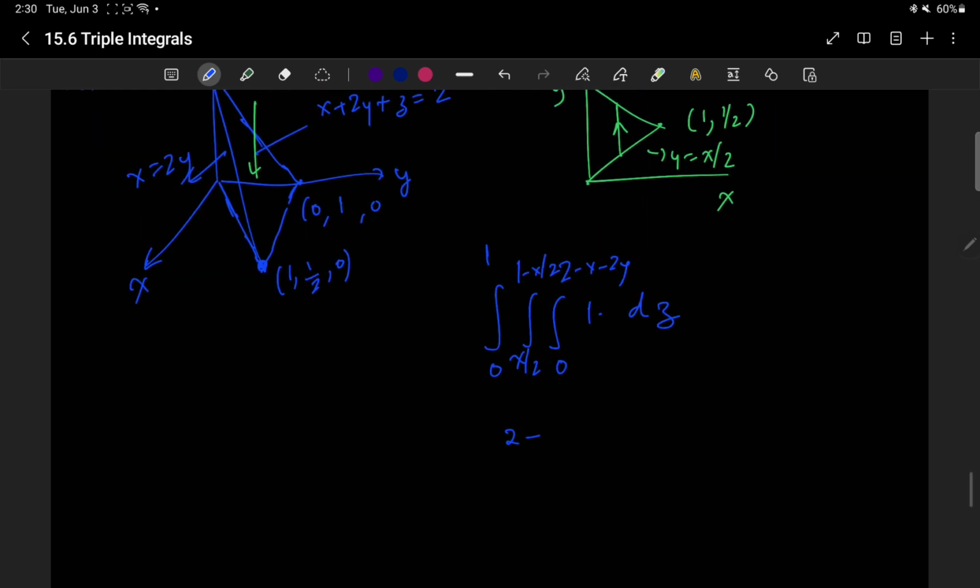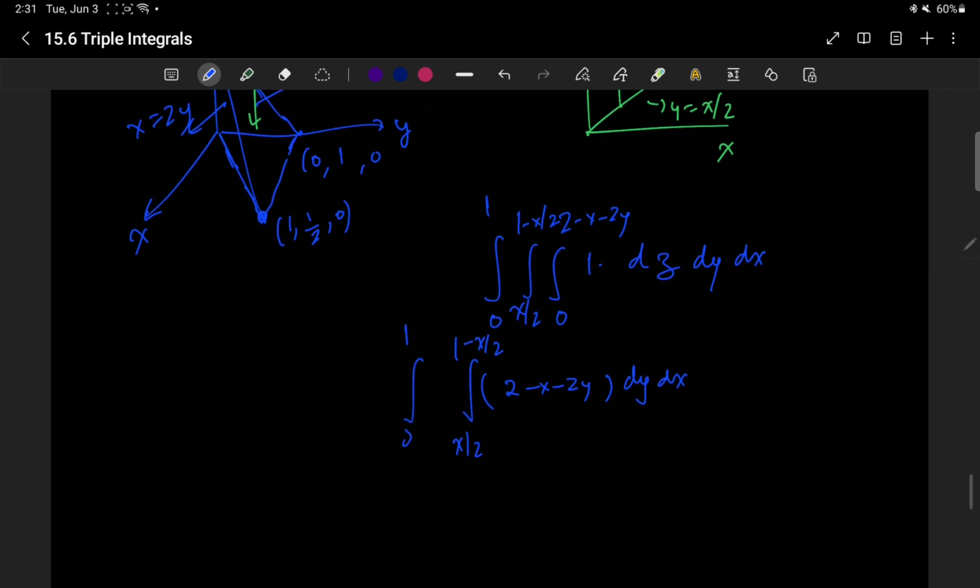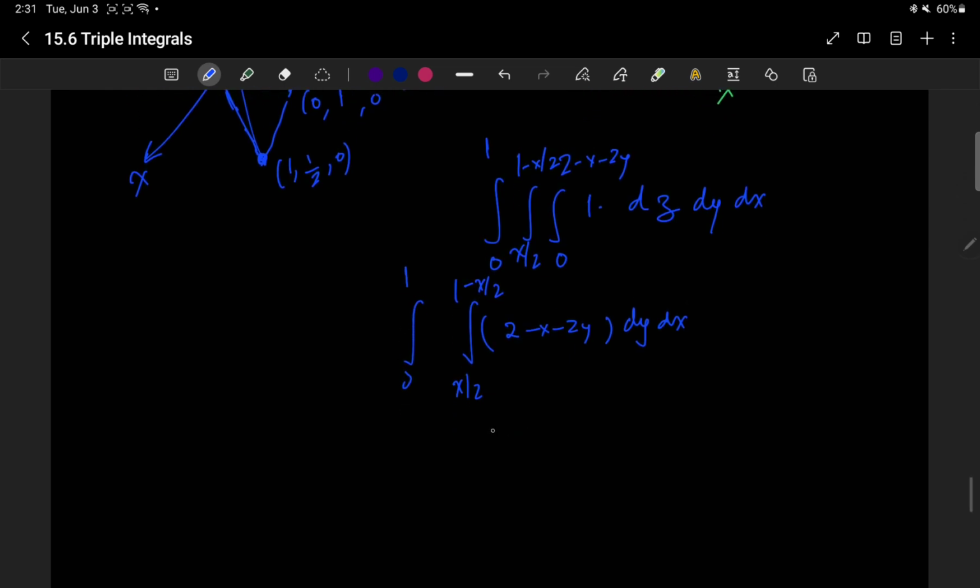So the first integral gives me 2 minus x minus 2y, dy dx, with y from x over 2 to 1 minus x over 2 and x from 0 to 1. Integrating, I get 1 minus x, same thing again, 1 minus x. Finally y squared will be (1 minus x over 2) squared minus (x over 2) squared.